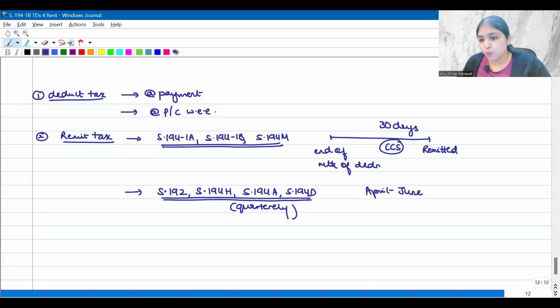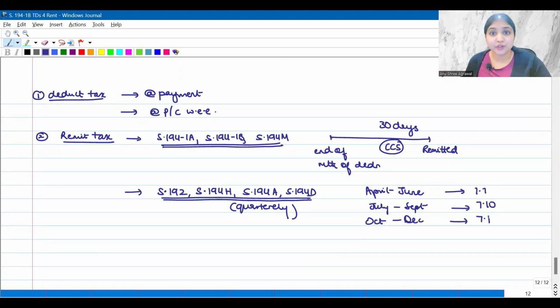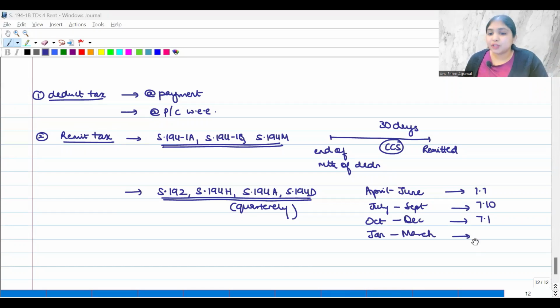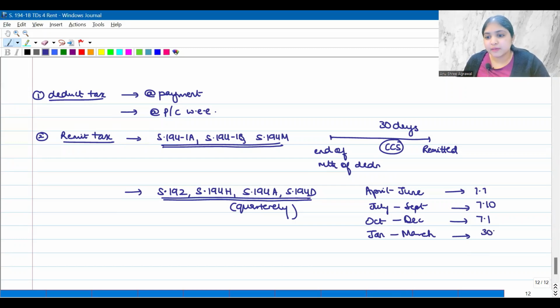So for the April to June quarter, by 7th of July, we have to remit it to the government. Second quarter is July to September, so by 7th of October, we'll have to remit the TDS. The next quarter is October to December, so again, by the 7th of January, we'll have to remit the tax. And the last quarter is Jan to March. Jan to March, your answer will obviously be 7th of April. But for the last quarter, we will give extra time, till 30th of April. So for these four sections, the remittance of tax will be quarterly.